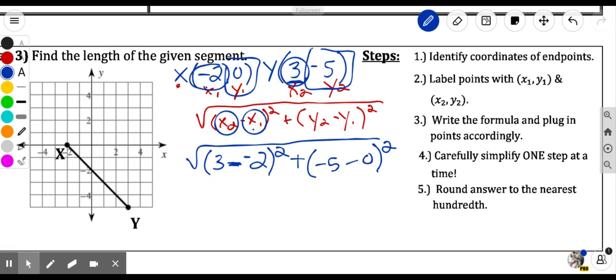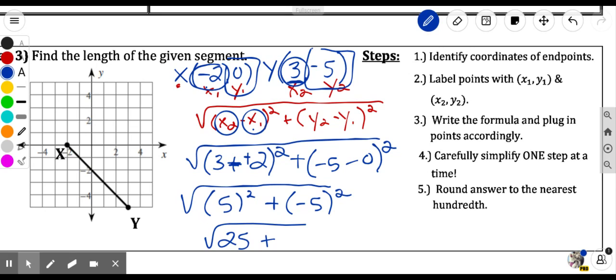Then we carefully simplify one step at a time. So right here, this minus and negative becomes positive. So that really is 3 plus 2, which is 5. And then I have -5 minus 0, which is -5. Okay, now we're going to square both of them. So we're multiplying it by itself. So 5 squared is positive 25.